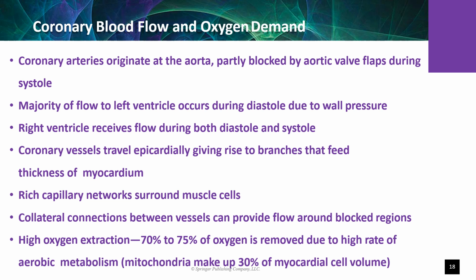Sympathetic discharge increases the heart rate and cardiac contractility, which will then increase myocardial oxygen demand. Any condition that increases cardiac work, like increased preload, afterload, or contractility, will also increase the oxygen demand of the heart.